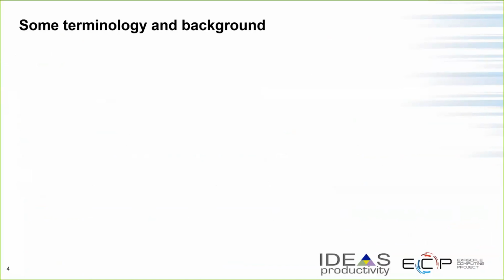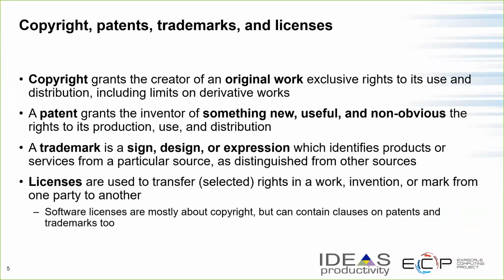So let me start out with some terminology and background information so we can set everybody's scale properly. What we're talking about today is copyright, patents, trademarks, and licenses. The first three are forms of intellectual property that are understood under the laws of pretty much every country in the world.